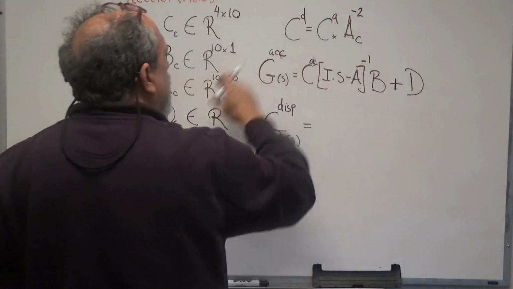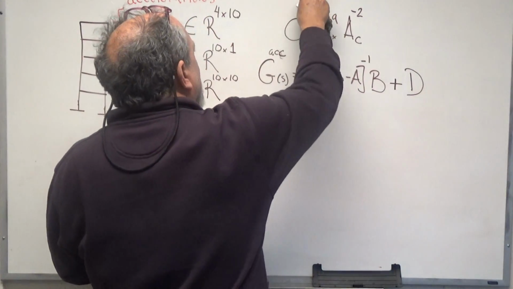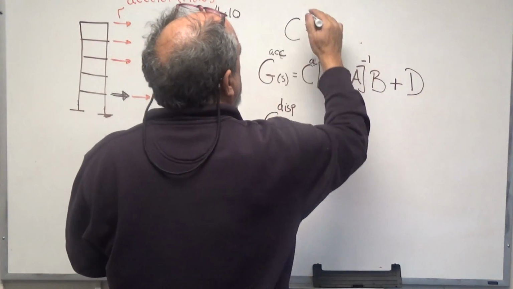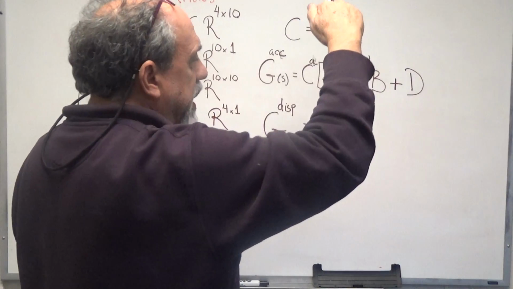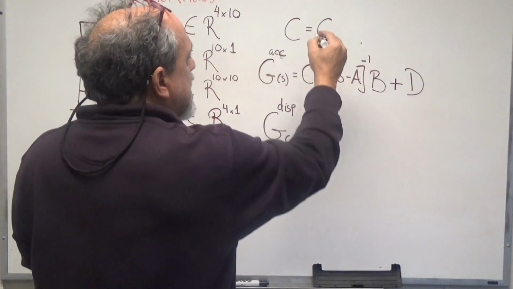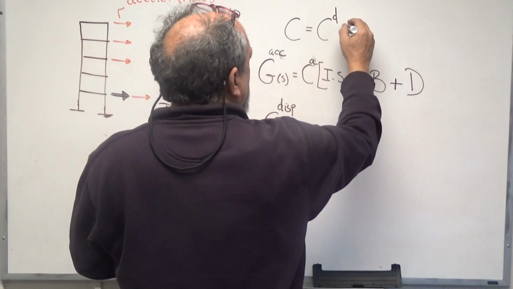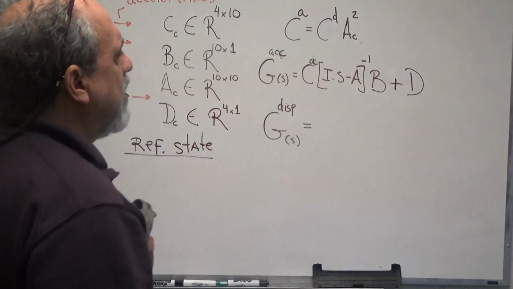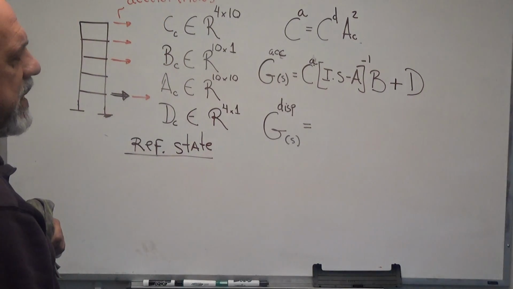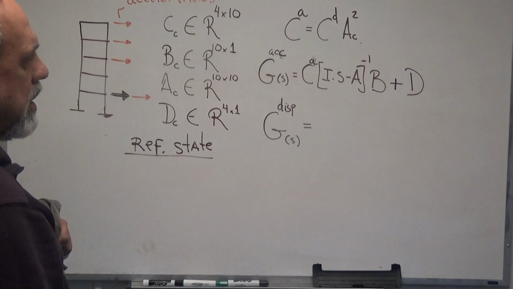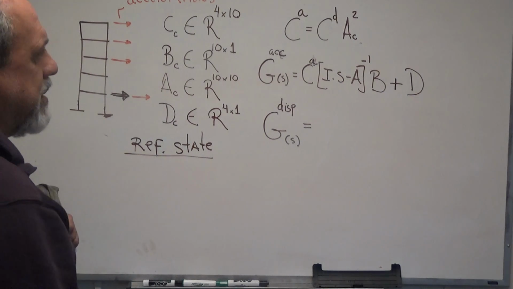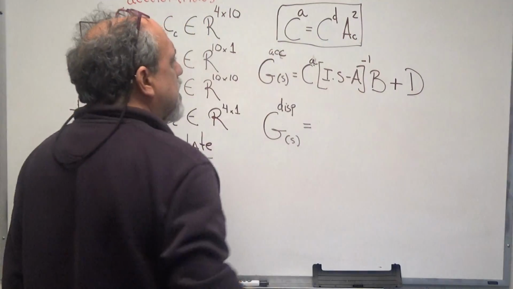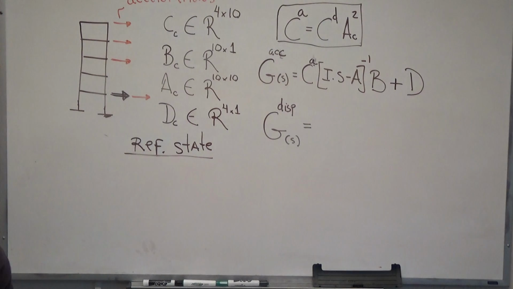No, I think that's backwards. Wait, I should have checked the notes. I'm just doing it in my head quickly, so we get Ac squared. So C displacement times Ac squared is C acceleration, right? C acceleration is C displacement times Ac squared. So that's it, right? Okay, I can write it to the minus 2 if I want, but C acceleration is C displacement times Ac squared.